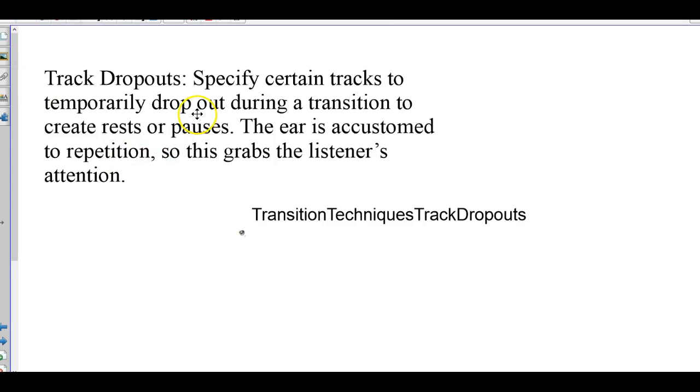Track dropouts is when you specifically drop out certain tracks during a transition to create rests or pauses. The ear is accustomed to certain repetitions, so dropping out tracks grabs the listener's attention. Here's an example.